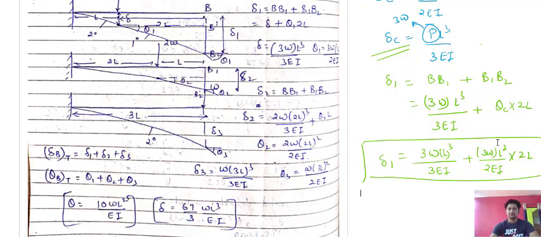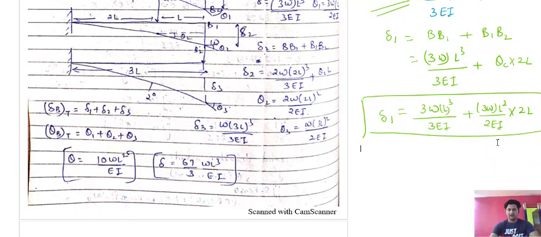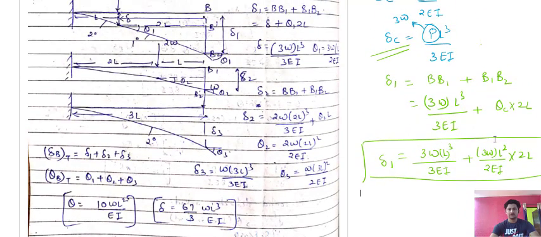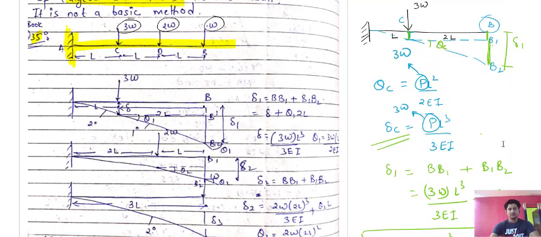Now for calculating the value of delta 2, delta 2 will be the deflection due to the other point load.